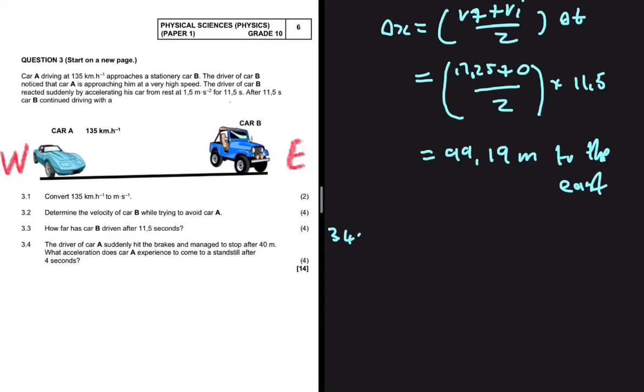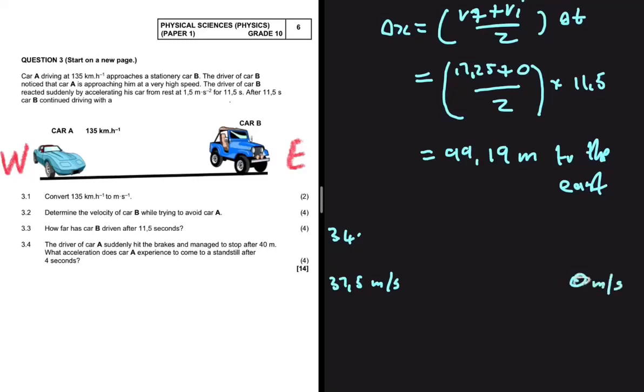So the initial velocity is 37.5 meters per second. And what is being said in 3.4 is that in 4 seconds, the car comes to a standstill. So at 4 seconds, we have a velocity of 0 meters per second.